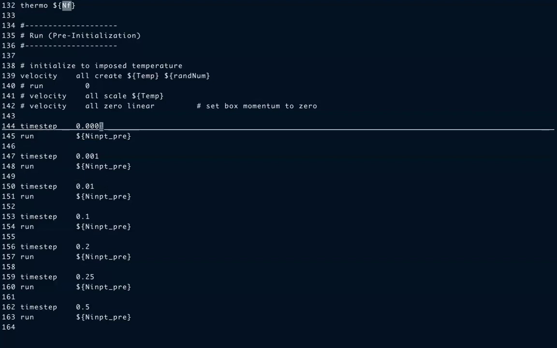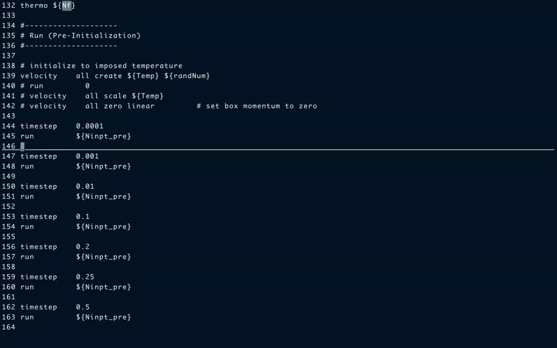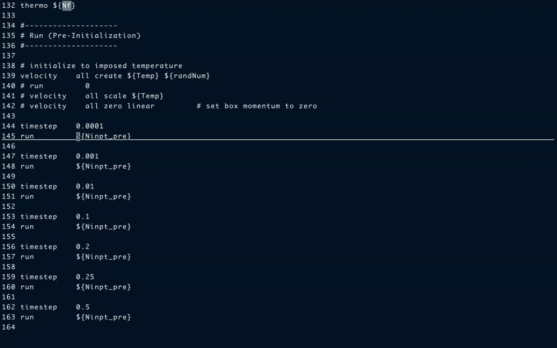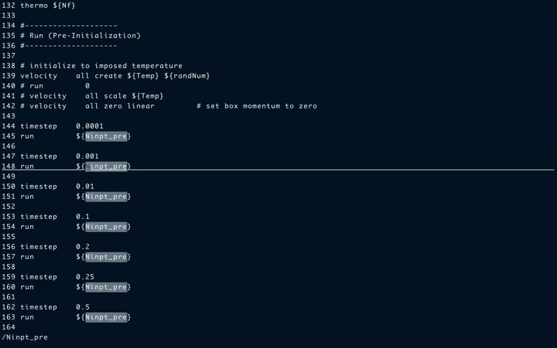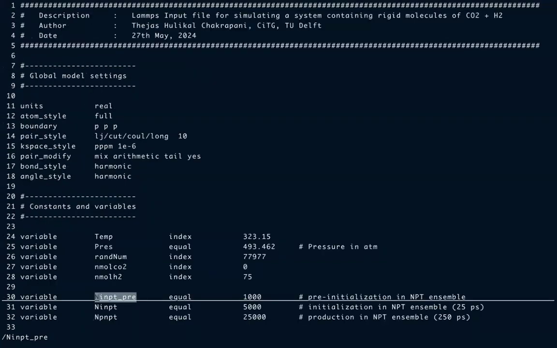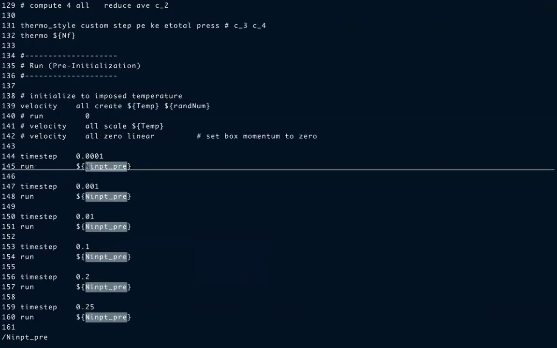Now I've started to instruct LAMMPS to start with a time step as low as 0.001 femtoseconds, and I run that simulation using that time step for these many steps. If you want to see what is NINPT pre, that's roughly around 1,000 steps. These are usually called pre-initialization steps.